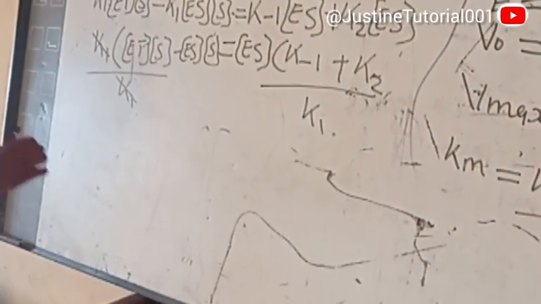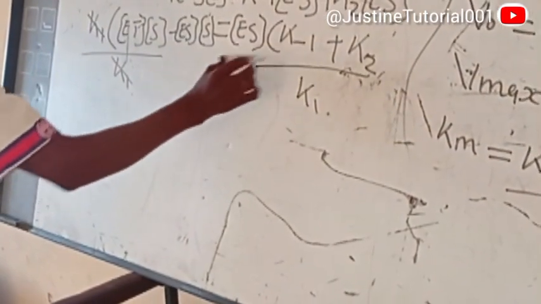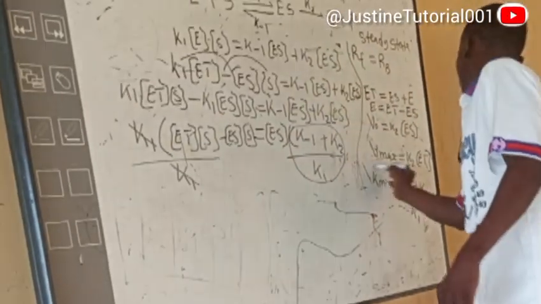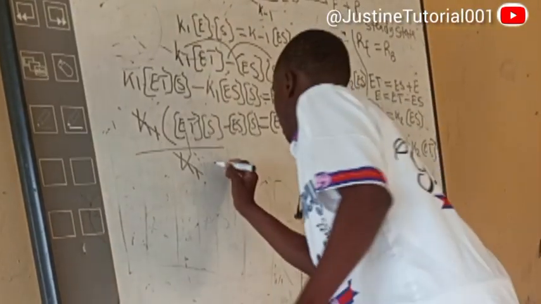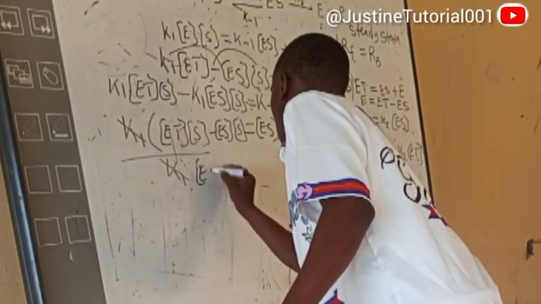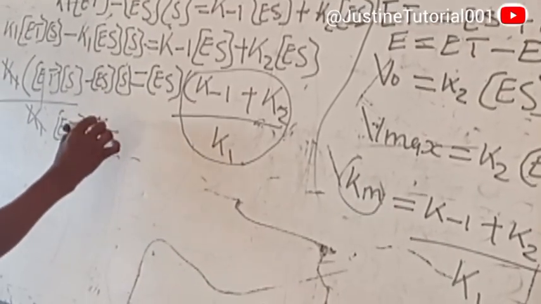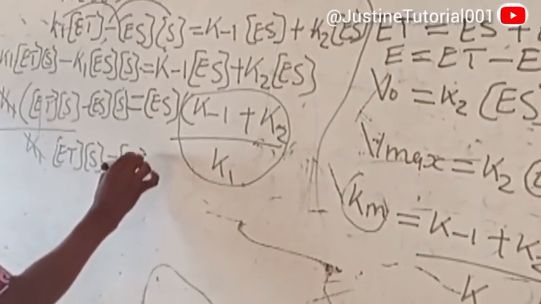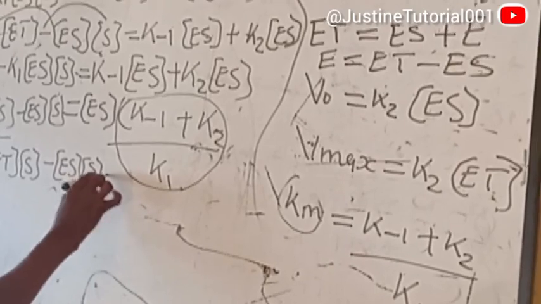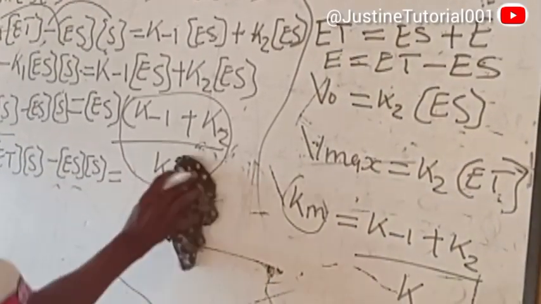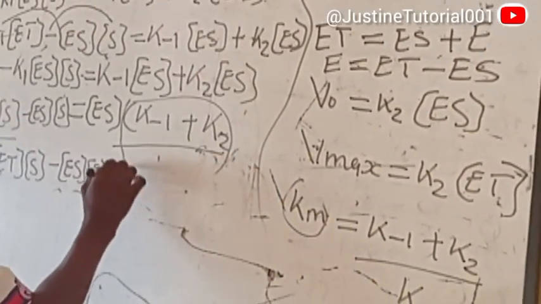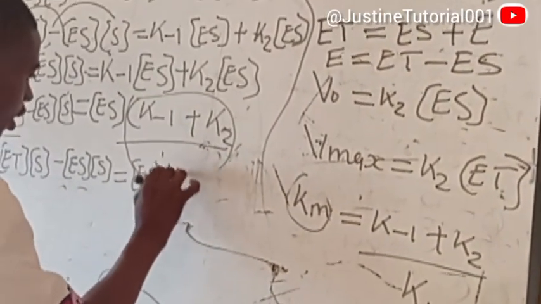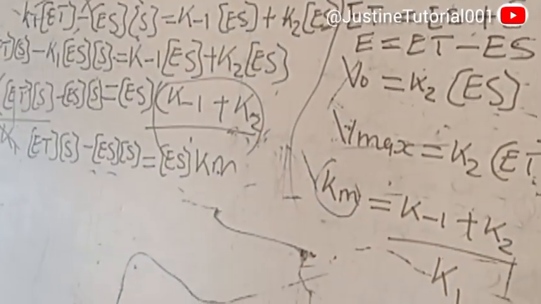So we can divide both sides by K1, and this will cancel this. So this becomes your Km. So we are going to represent it here: enzyme total substrate minus enzyme-substrate complex substrate equals your enzyme-substrate complex and your Km.